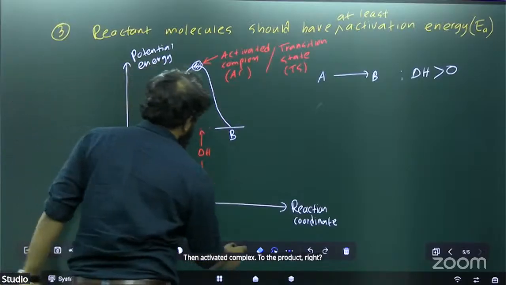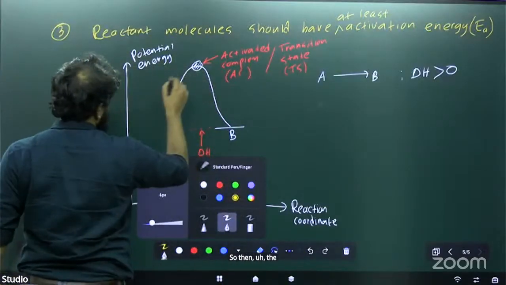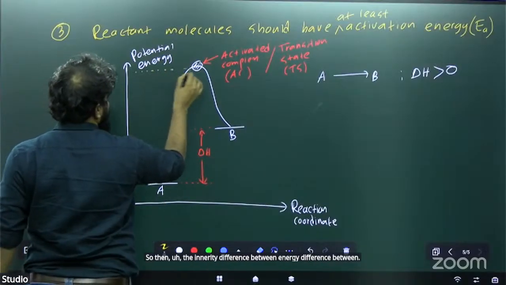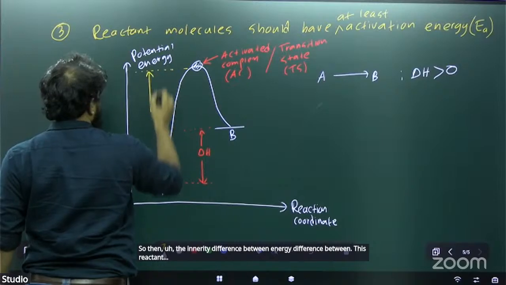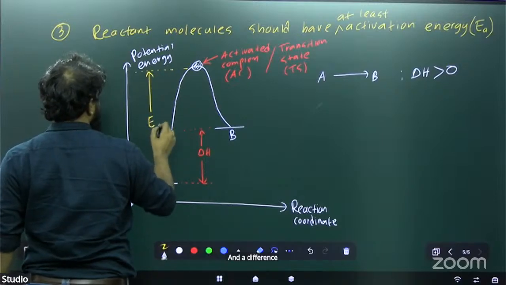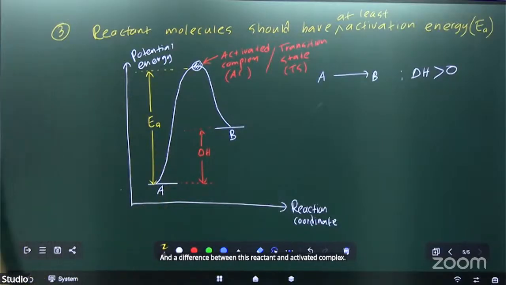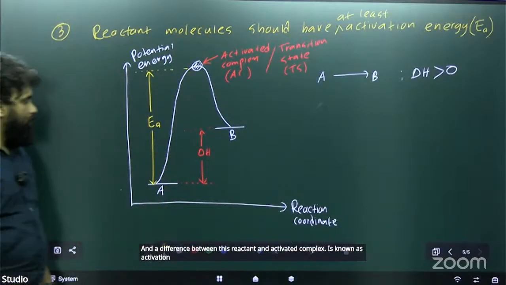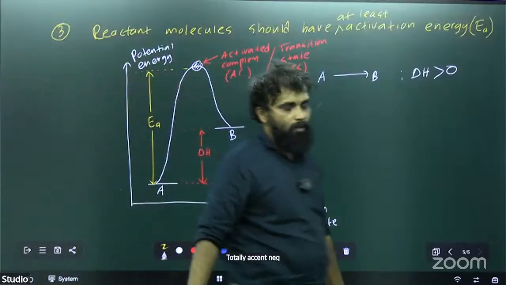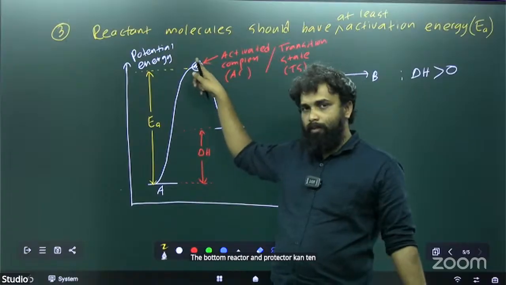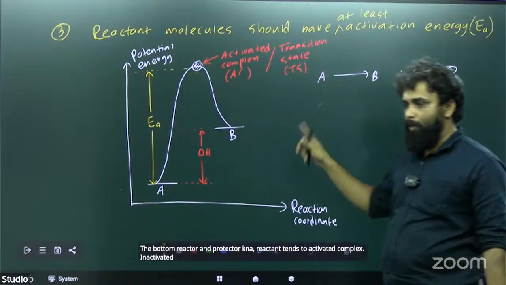So the energy difference between this reactant and the activated complex is known as the activation energy. When the reaction proceeds, the reactant does not convert to the product at once. The reactant turns to the activated complex, then the activated complex turns to the product.